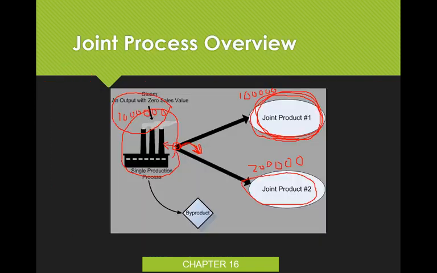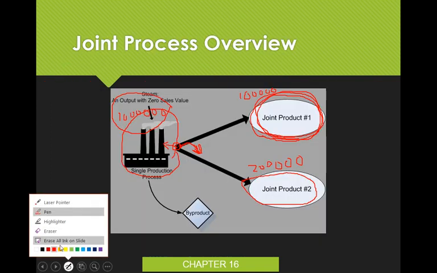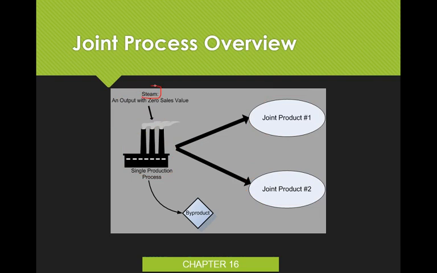If we go back here, we have steam, which is an output with zero sales value. And we have outputs with a positive sales value: byproducts and joint products.